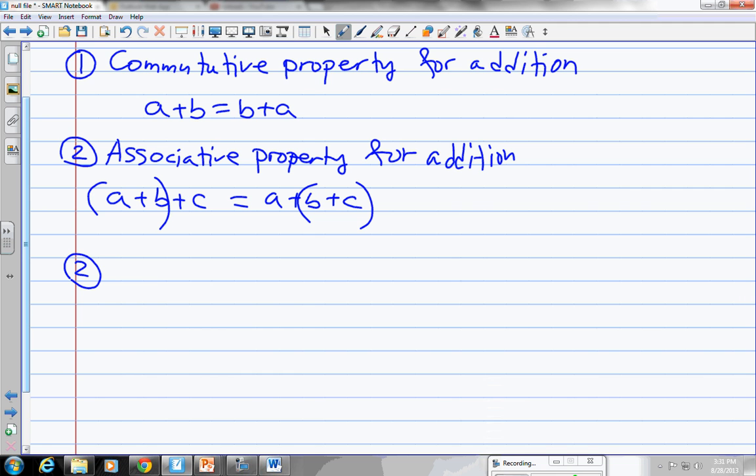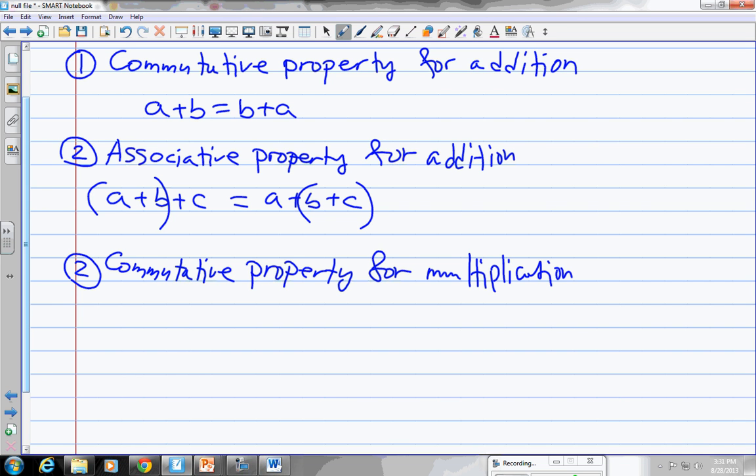We also have commutative property for multiplication. And then just AB equals BA.